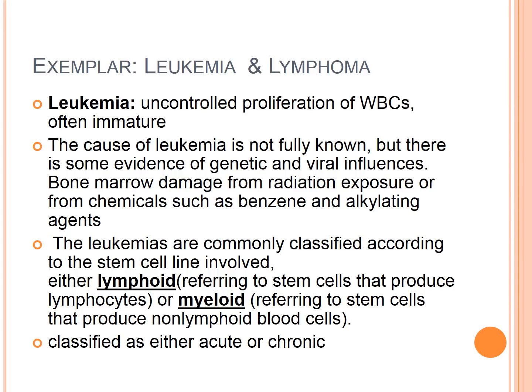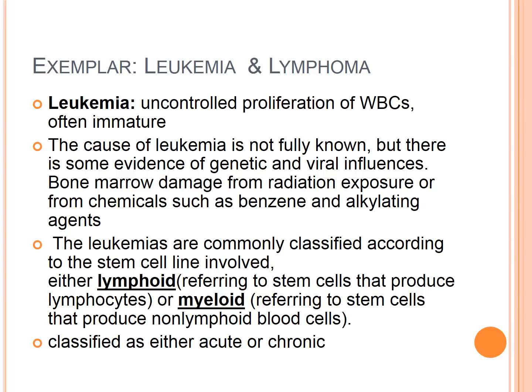With leukemia, we put them into categories. There are 4 different types of leukemia. So they're either going to be acute or they're going to be chronic. So acute develops rather quickly and the disease progresses rather quickly. And then chronic happens slowly over time, over a period of years. So it's acute or chronic, and it also is determined what type of cell it affects.